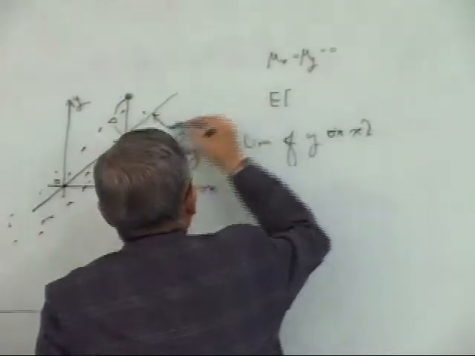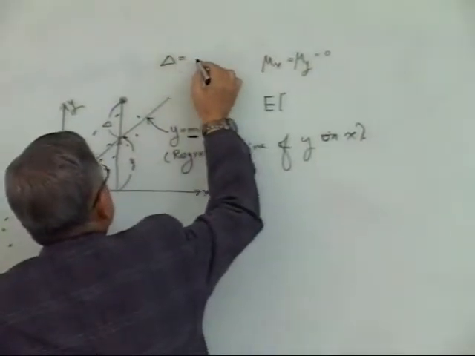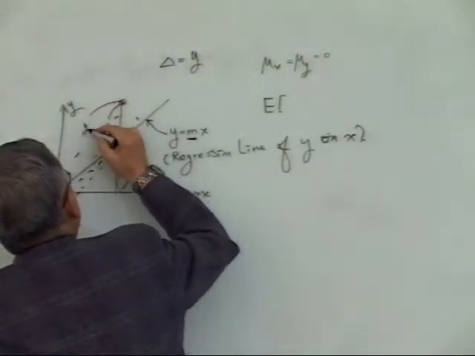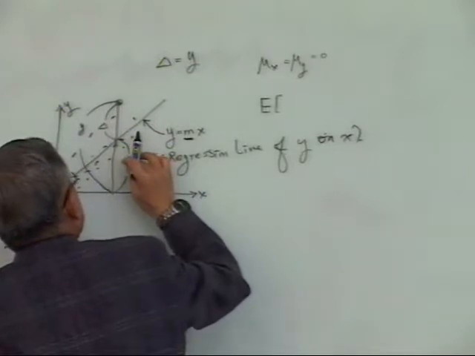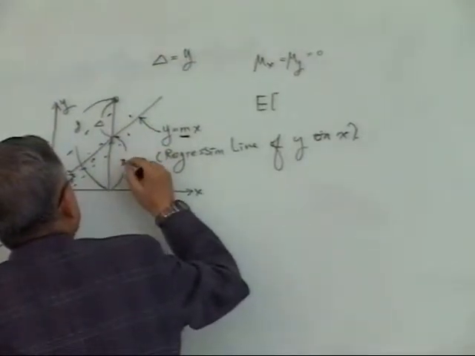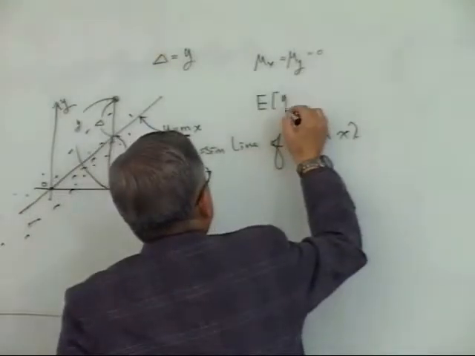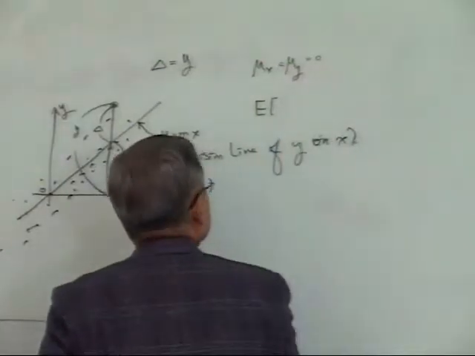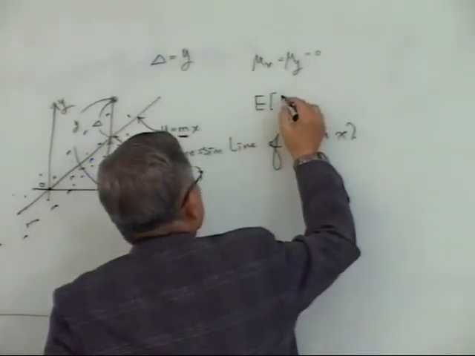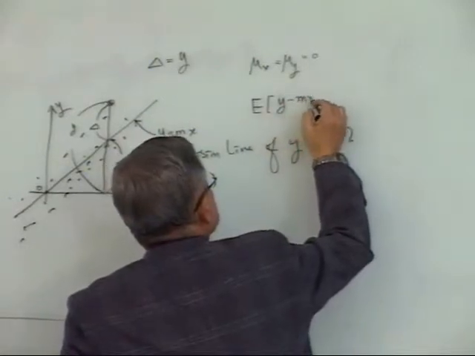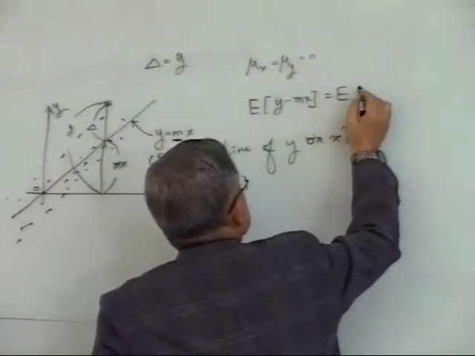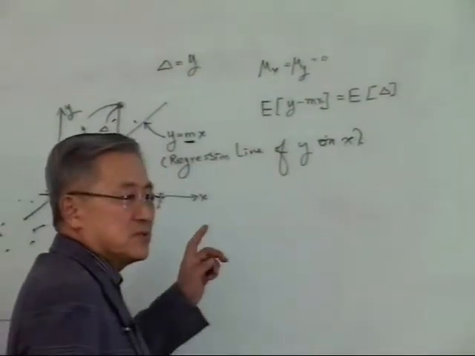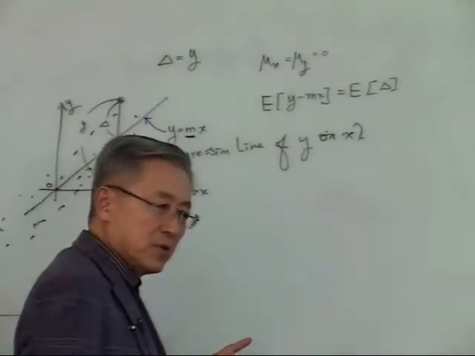And so the difference delta is equal to y, this whole thing is y, and this guy is mx, isn't it? Y minus, oh, I'm getting rusty on this. Y minus mx. So the whole idea is to get the best slope m, right?